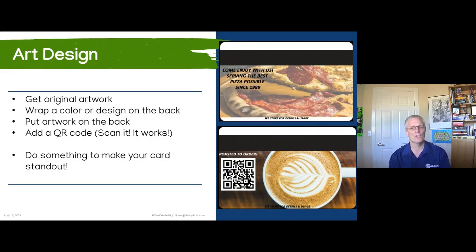So if you want customers to visit your webpage or to order online or to buy product online, roasted coffee or anything else, put a QR code on there to make it easy for them, right? We're all getting more familiar with QR codes since the pandemic started. Do something to make that card stand out to your customers. That's kind of one of the keys that we want you to be able to do there, okay?